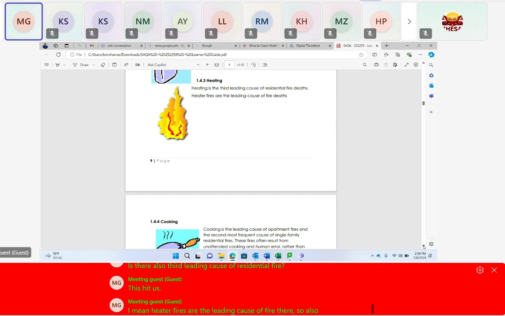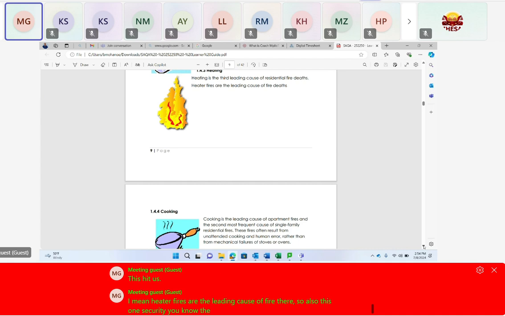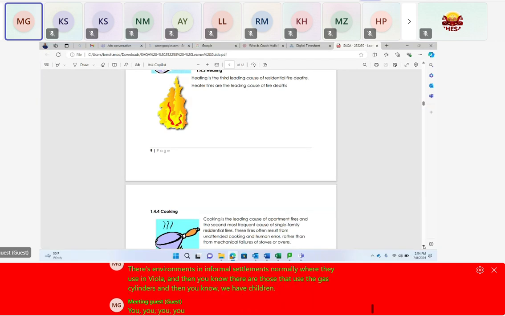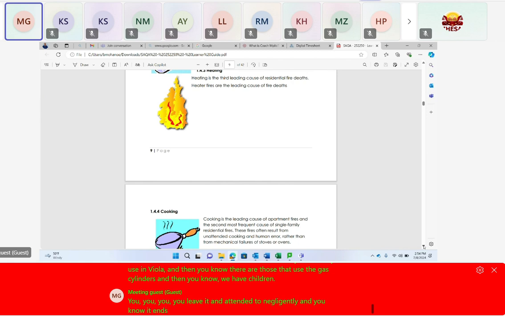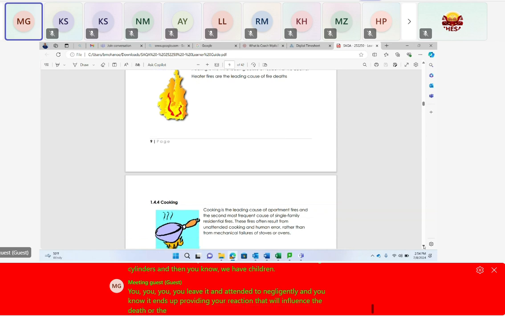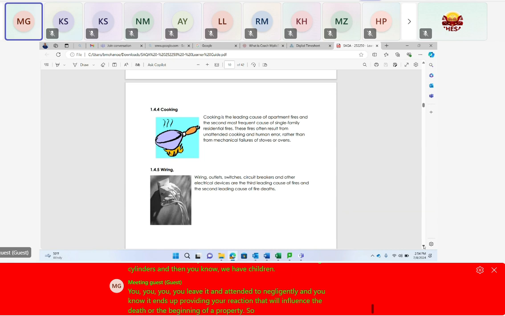These differ in our residential environments, in informal settlements normally where they use imbaola, and then there are those that use gas cylinders, and then you have children, you leave it unattended negligently, it ends up providing a reaction that will influence the death or the burning of a property. So those are the heat.